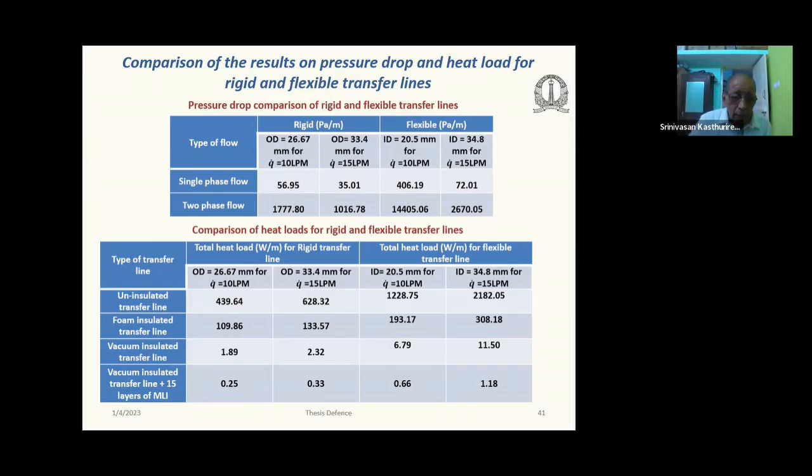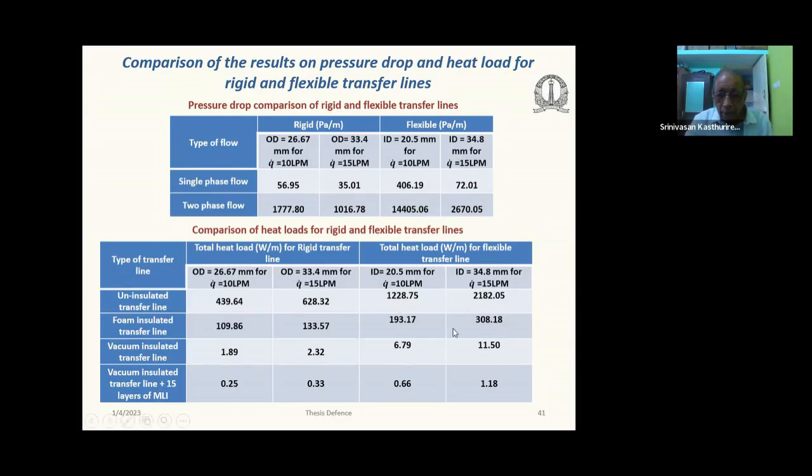So you can see here gradually as you keep on improving the insulation, the heat transfer rate keeps on decreasing from 439.64 to almost 0.25 watts per meter. That's all the heat transfer that is going to be there in the system.